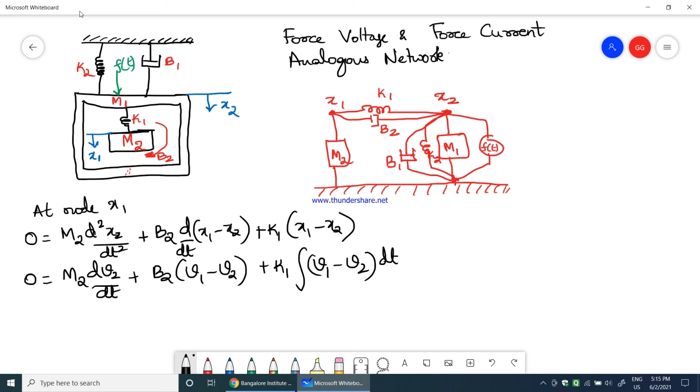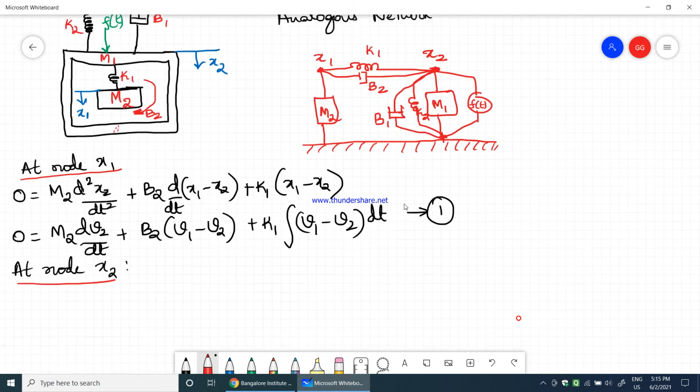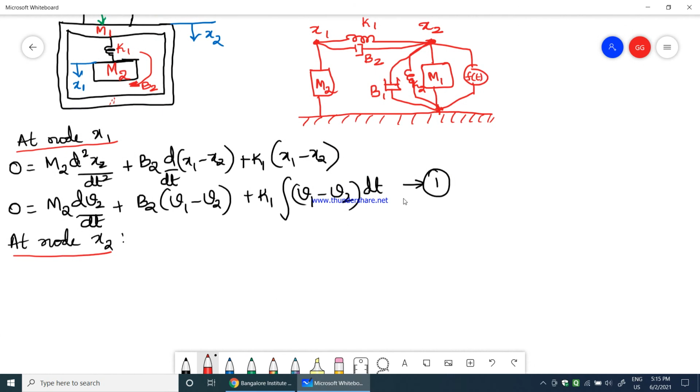So this is the first equation at node x1. So let me write at node x2 now. At node x2, what would be the equation? At node x2, we have f of t, which is the applied force.